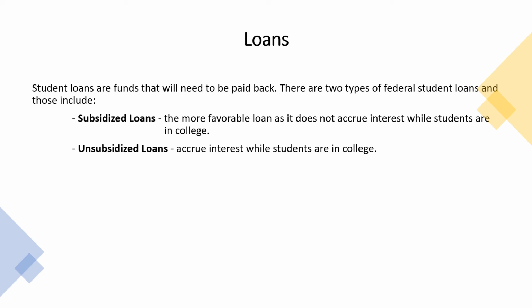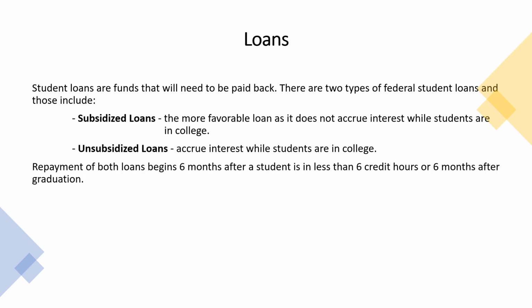Repayment of both student loans begins 6 months after the student is no longer enrolled in at least 6 credit hours, or 6 months after the students have graduated. Parents might choose to help their student with school expenses and could apply for the Parent Plus loan.